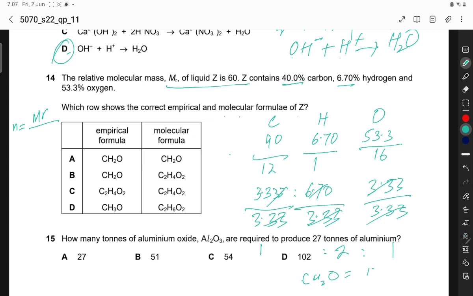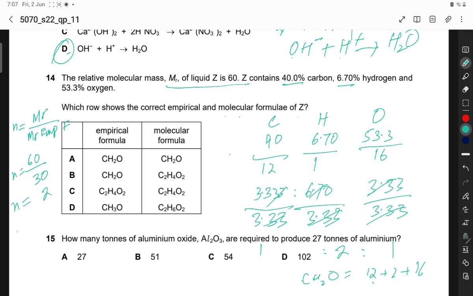Empirical formula mass is 12 plus 2 plus 16, which is 30. n is Mr over Mr of empirical formula, which is 60 divided by 30. n is equal to 2.